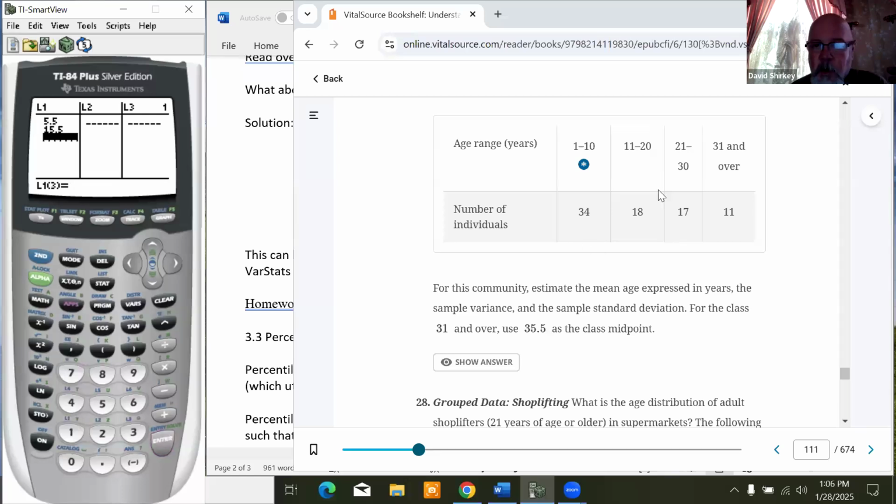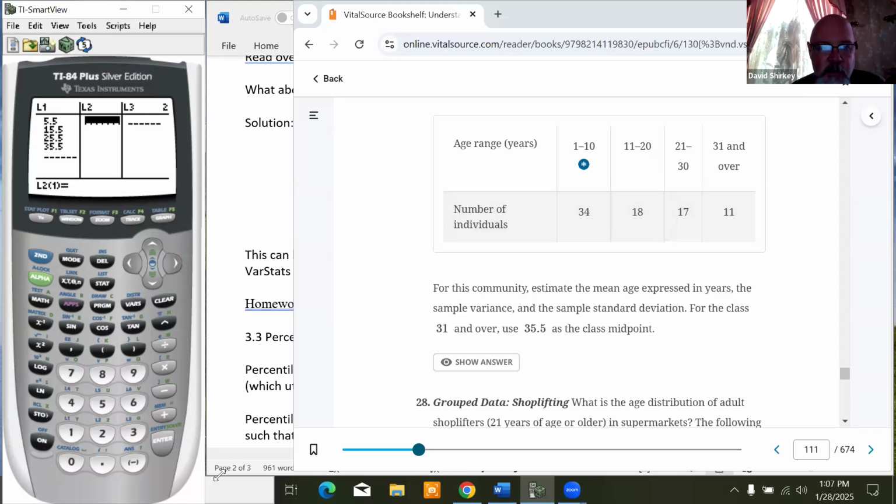Press enter. 21 to 30, add them together, divide by 2, you're going to get 25.5. And then 31 and over, notice that they told you to use 35.5. It's like they're going up to 40. But at 35.5, use that as the class midpoint. So here's my 35.5. Press enter.